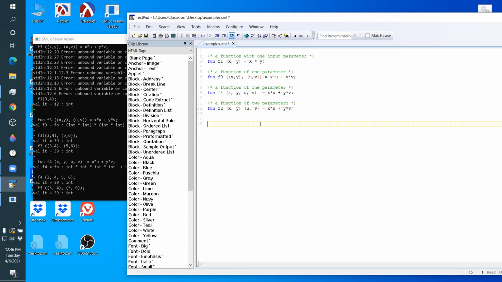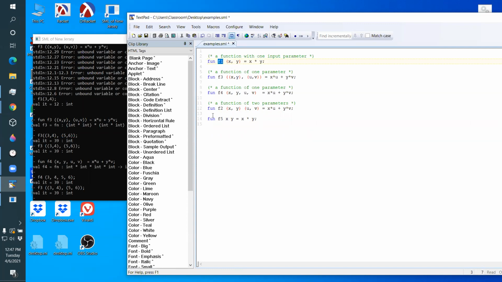It would look like this. I'll call it F5. It takes input X, Y. That's the curried version of this. It takes really two parameters, and it just takes X times Y. Okay, so F1 doesn't take two numbers.